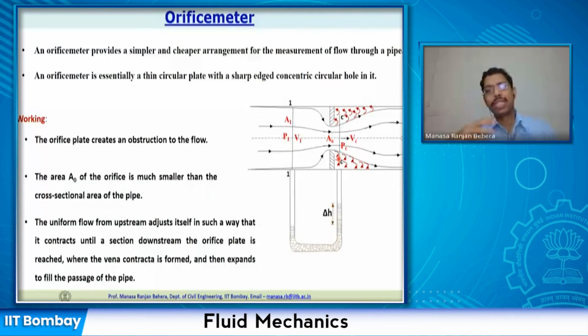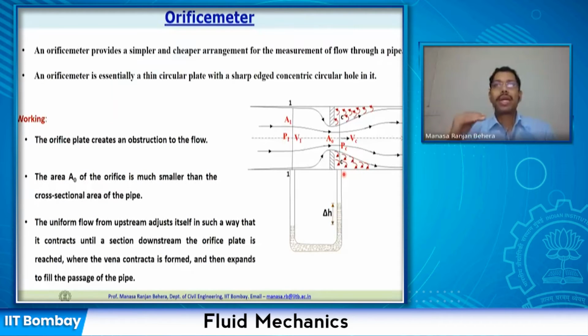In this process, there is some convergence and some divergence taking place. Due to the convergence, there is going to be some kind of circulation here, and it will also lead to some losses in the flow. But there is a larger region affected in the divergence section, and this larger region contributes to the losses encountered.